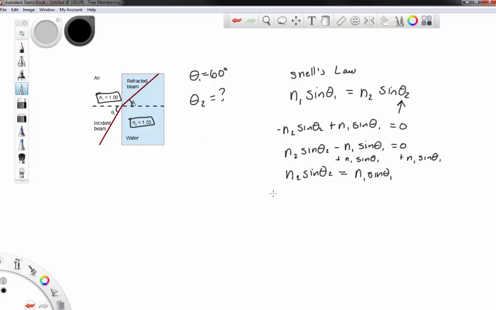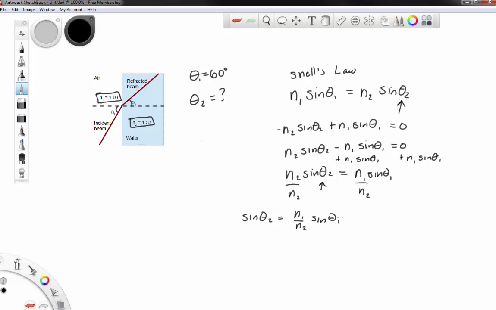I know that this may be a lot to follow for some of you, but bear with me here. We're trying to solve now for theta 2, so we should probably divide both sides by N2. So you're left with sine of theta 2 is equal to N1 over N2 sine of theta 1.